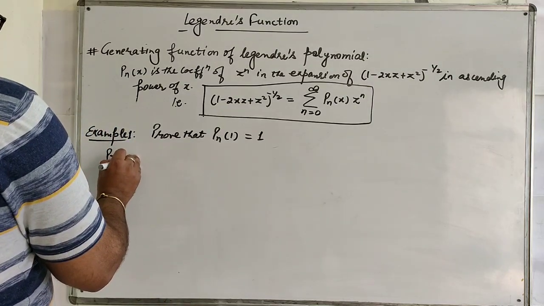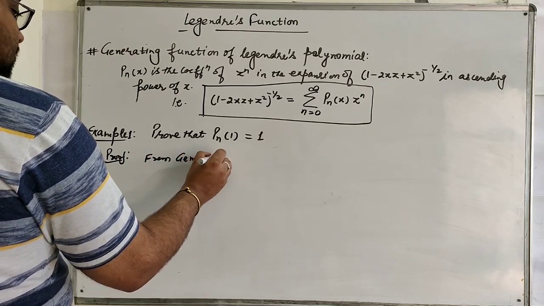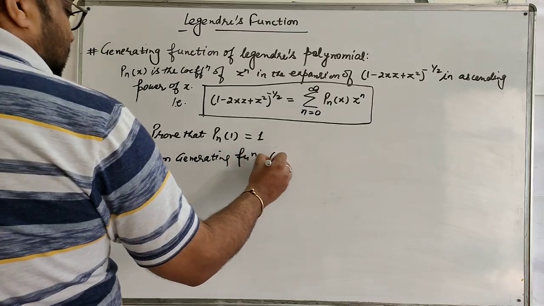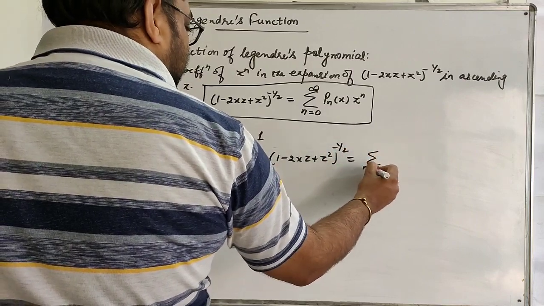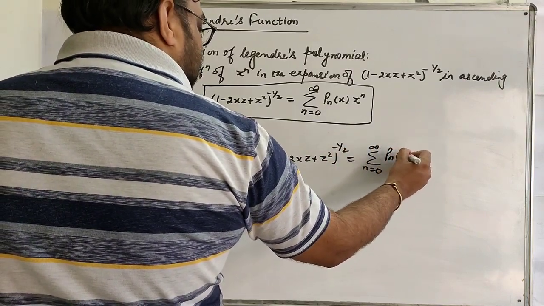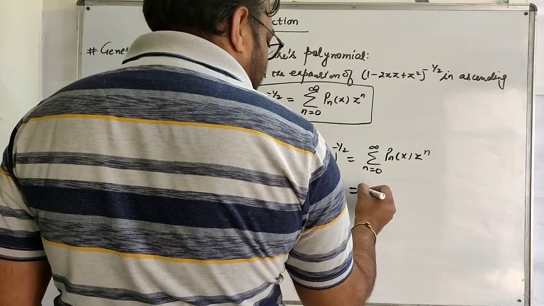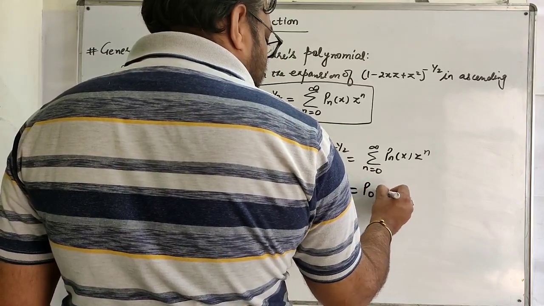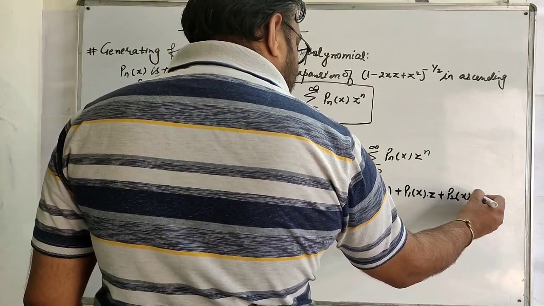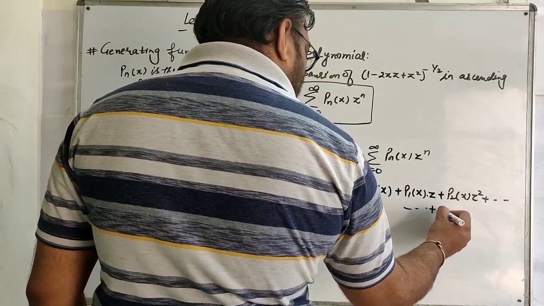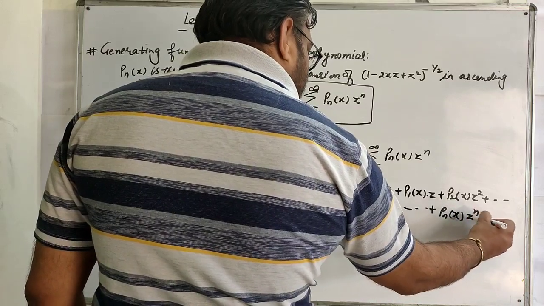So for its proof, from the generating function, (1 minus 2xz plus z square) power minus 1 by 2 is equal to sigma n equals 0 to infinity Pn(x) z raised to power n. We can expand it from n equals 0 to infinity as P0(x) plus P1(x) z plus P2(x) z square and so on up to Pn(x) z raised to power n and so on.